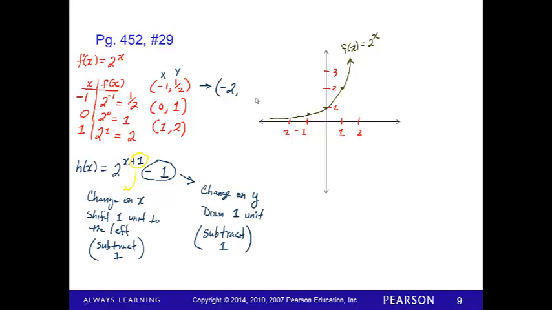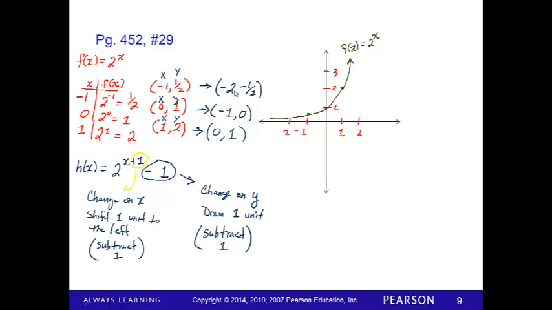So a half minus 1 is negative a half. Good. Let's do the next. 0 is my x-coordinate. I must subtract 1, so that becomes negative 1, comma, 1 is in my y-coordinate. I must subtract 1, so it becomes 0. And then 1, comma 2 will become 0, comma 1.